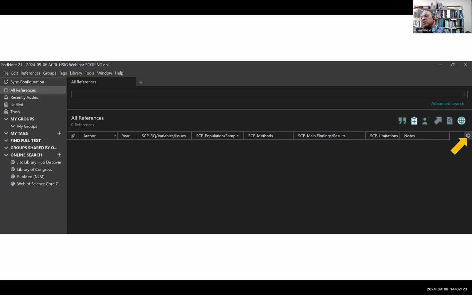What I like about this is that you can have the student put together their literature search, their citations, on EndNote. And then by adding these fields, you can have something that you already work with, and they can use EndNote to keep working on the review process.